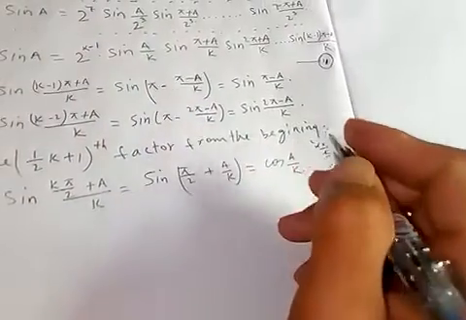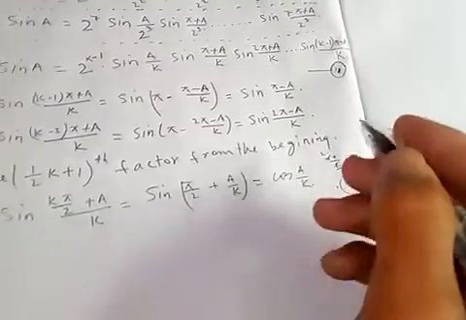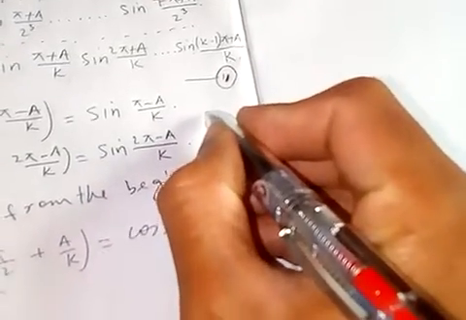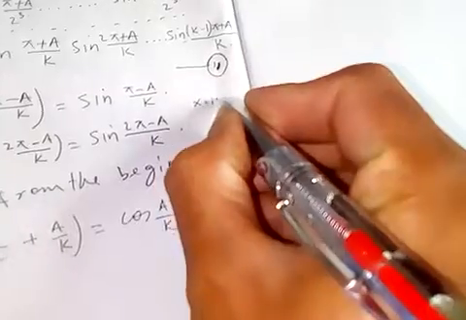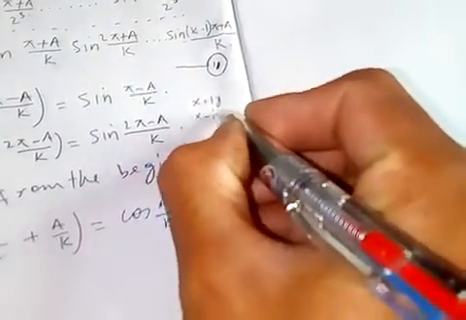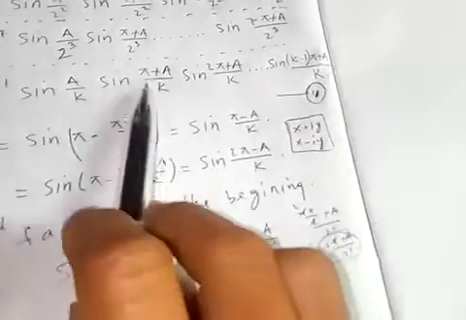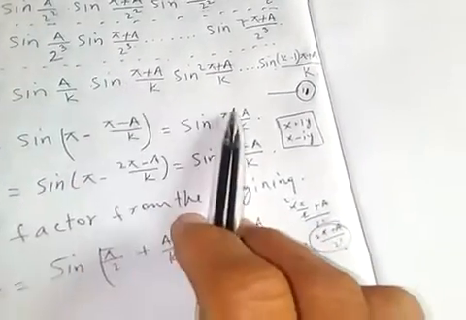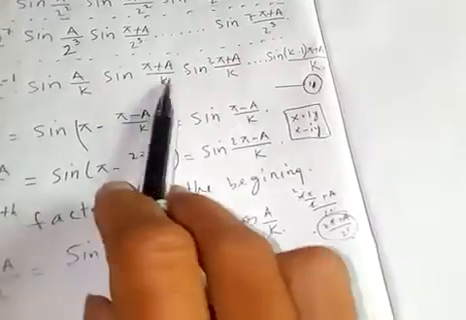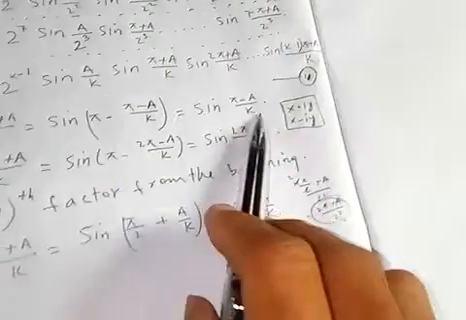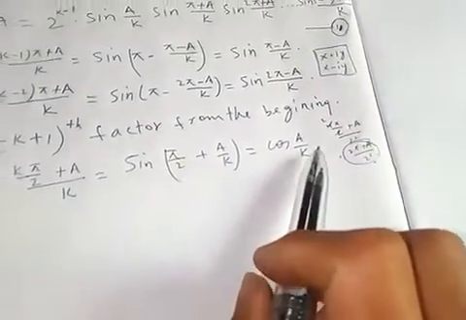Why conjugate? In complex numbers, if this is a complex number, then the conjugate will be minus of that one. So that's why I call it conjugate. Here plus, here minus, so they are conjugate of each other, and this one too, and so on.